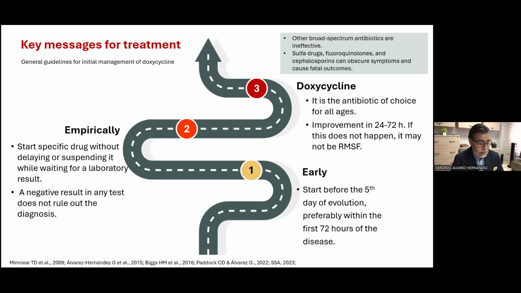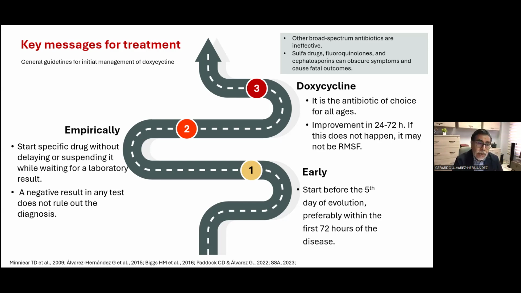I would give you three key messages. Number one, doxycycline should be started as early as possible. A delay in the prescription of the antibiotic is associated with a higher risk of fatalities. Early thus means before the fifth day of clinical progress.